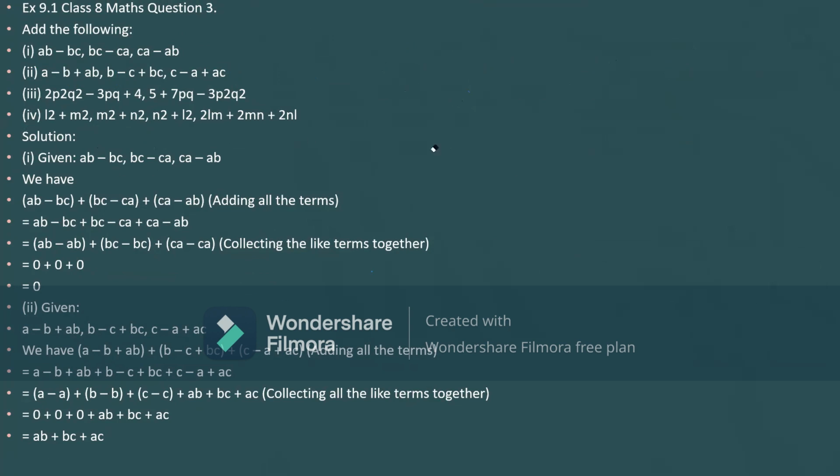So here they have given a solution. If you don't want to see the solution and solve, you can do that, and I'll explain in the solution itself. So we can directly do it as AB minus BC.